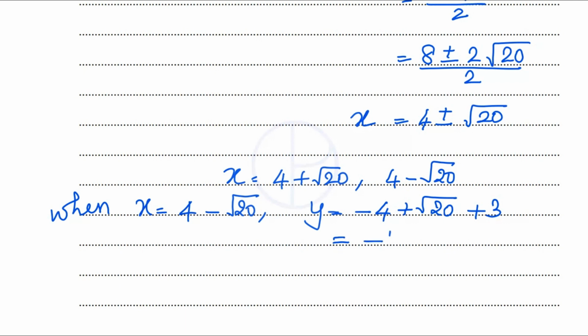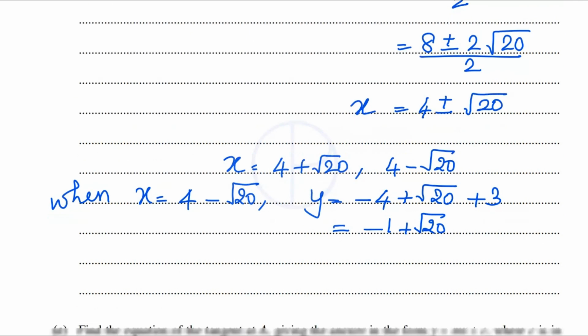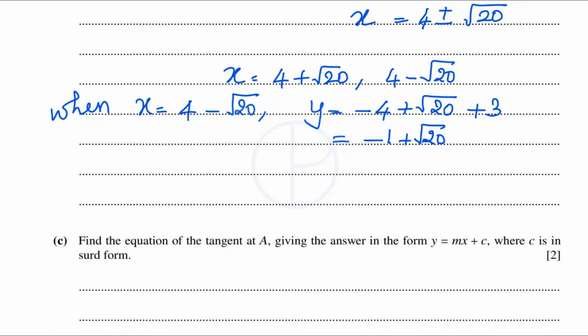So this is negative 1 plus square root of 20. So the coordinate of A: what is the x value? 4 minus square root of 20, and y is negative 1 plus square root of 20.